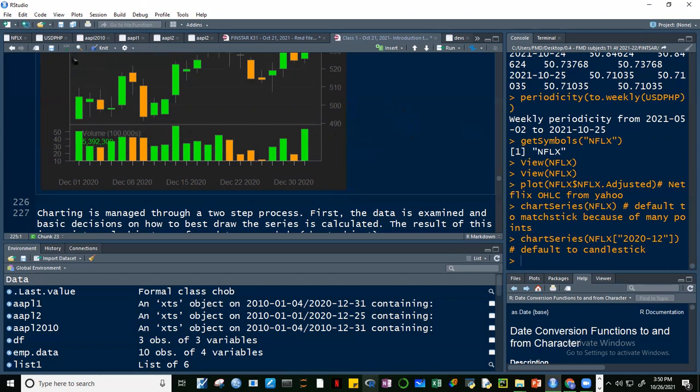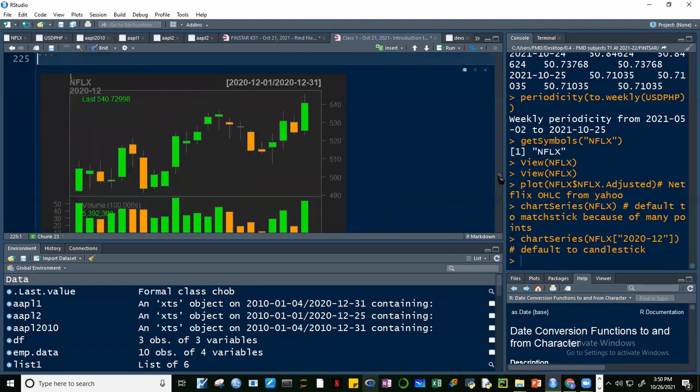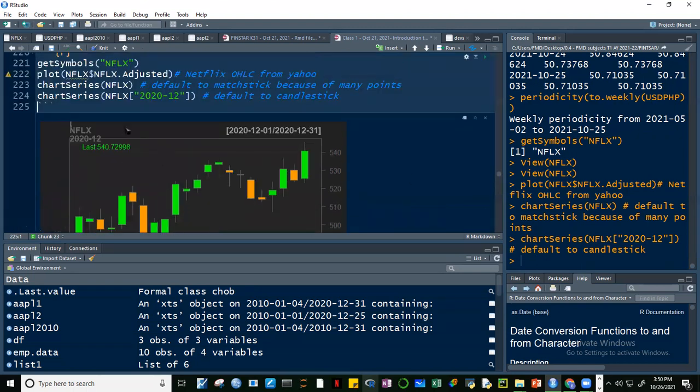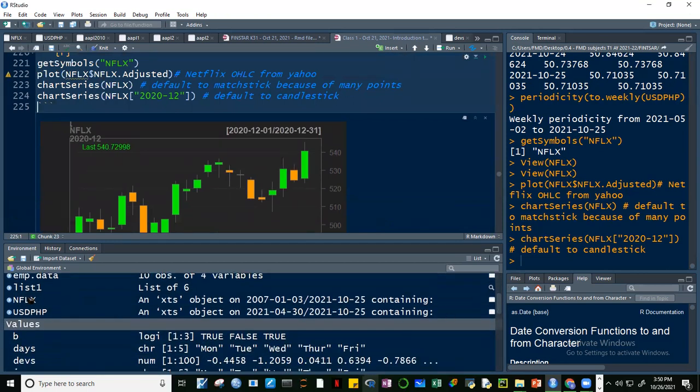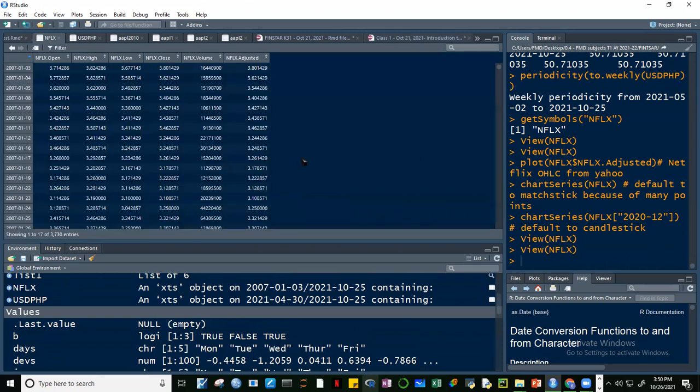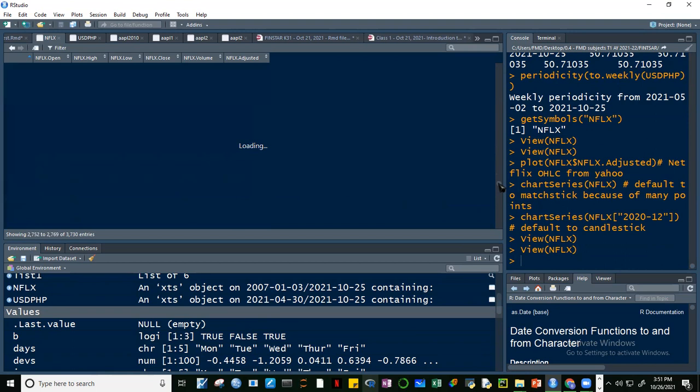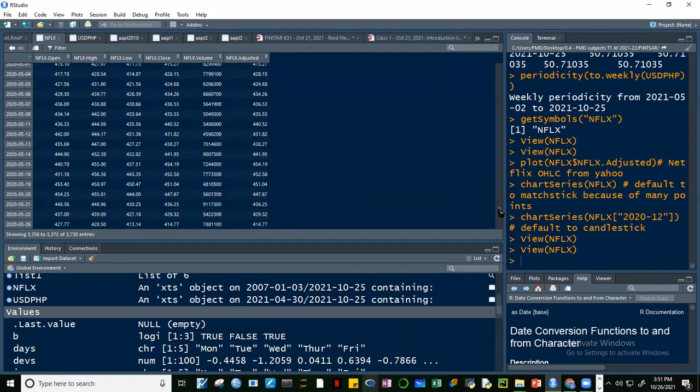Okay, so let's see, guys. What did we plot? Netflix for December 2020. So let me open Netflix. Okay, Netflix December 2020.